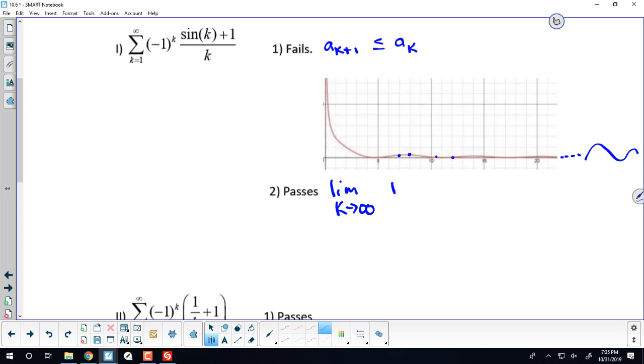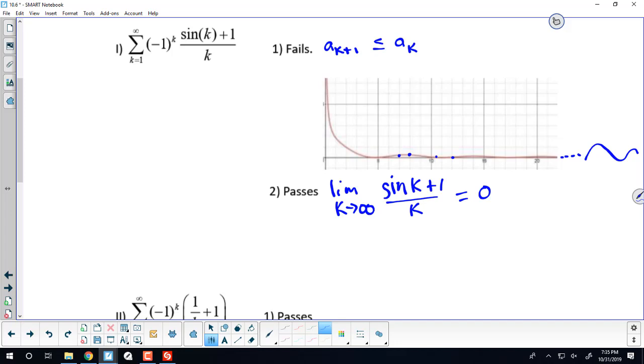Our a sub k is this, sine k plus 1 over k. So that does equal 0. How do you show that that's equal to 0 when sine of infinity does not exist? It's bounded, right?